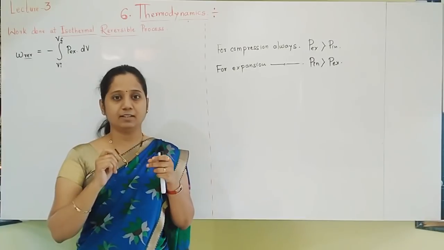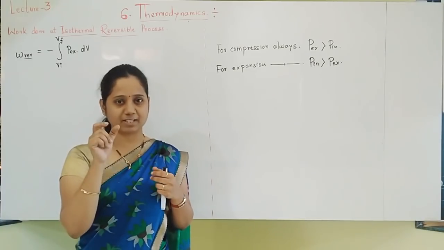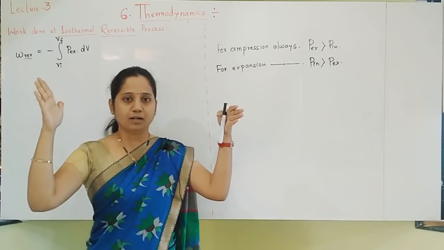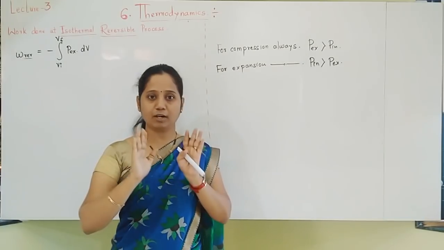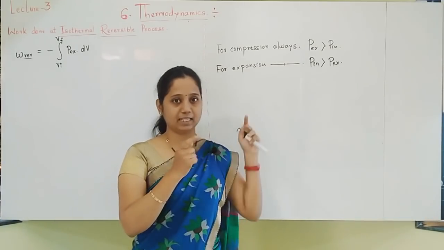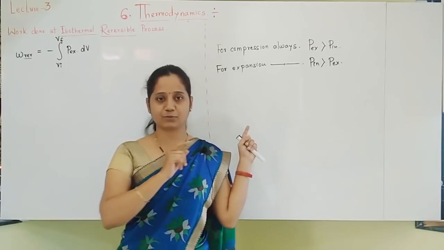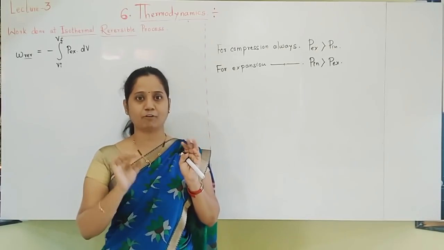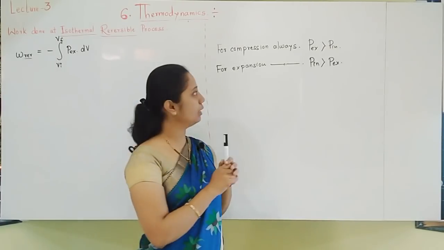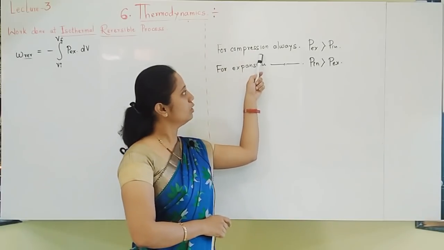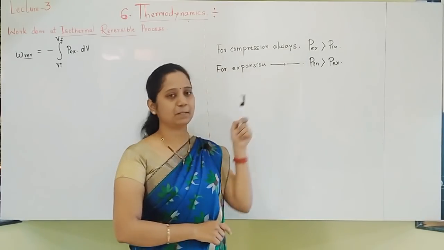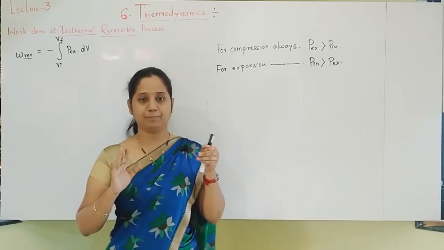So there is always a difference in pressure. In our syllabus, the example given is the cylinder example, whatever we have seen now, which is an example of compression. So we are going to discuss only compression. In compression, P external is greater than P internal.